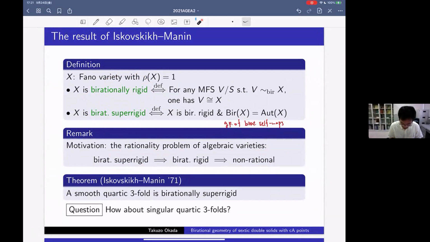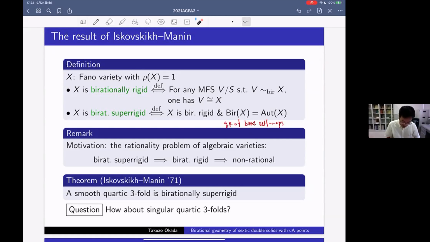Super rigidity implies rigidity, of course, and it implies non-rationality of the Fano variety, because a rational variety has plenty of Mori fibre spaces in its birational equivalence class.